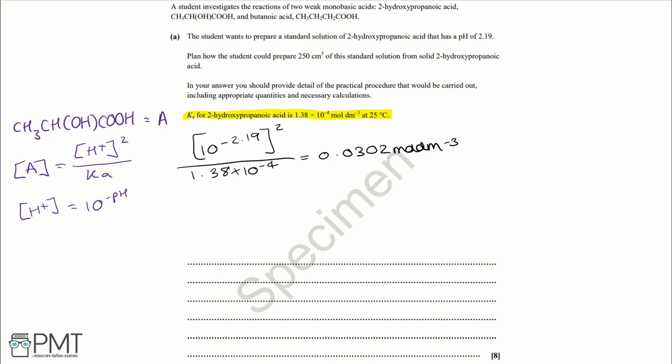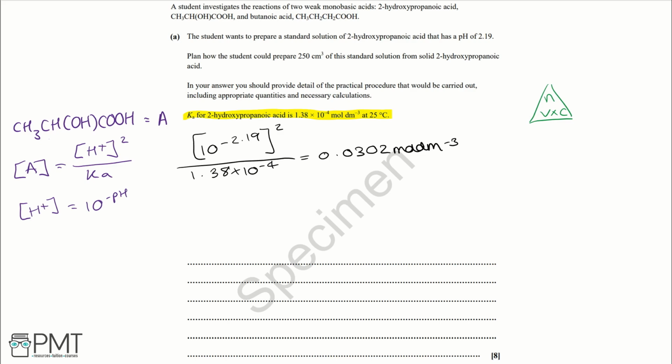And now we're going to use the equation triangle of moles divided by volume times concentration. And that's going to give us the moles of A, or the moles of 2-hydroxypropanoic acid.